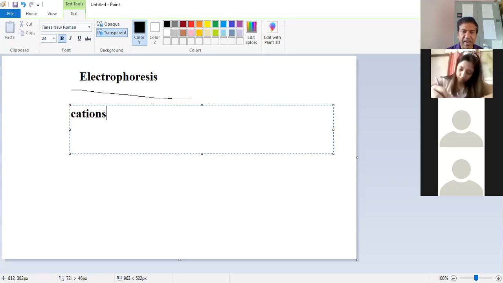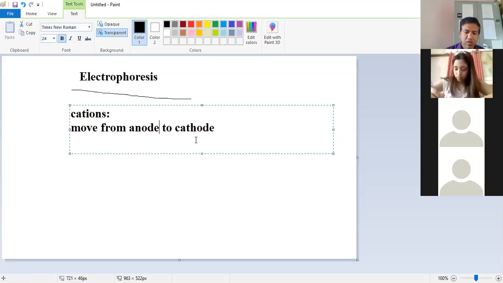Now, what about the cations? Cations will move from anode to cathode. That means they move from positive charge to negative charge. That is what happens in electrophoresis.